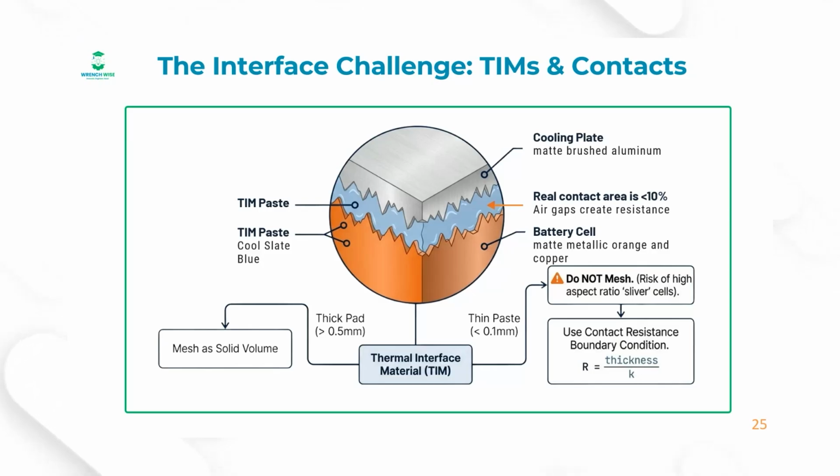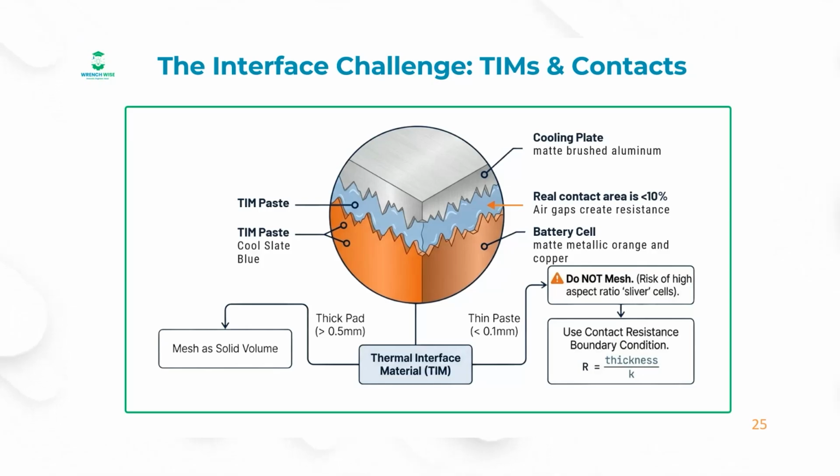This is probably the leading cause of simulation crashes, massive numerical errors, etc. Instead, what we want to do here for pastes is something called a contact resistance boundary condition. So instead of physical geometry, we want to represent the paste as a mathematical resistance defined by its thickness divided by its conductivity. This approach keeps your mesh clean and your simulation stable.